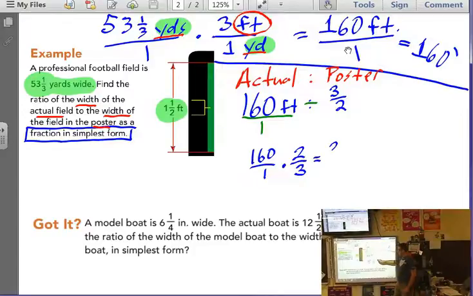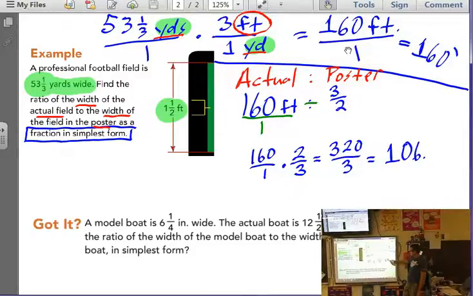We get 320 over 3, which is going to reduce to 106 and 2/3. That doesn't really reduce out nice. It'll be 106.6 repeating compared to 1.